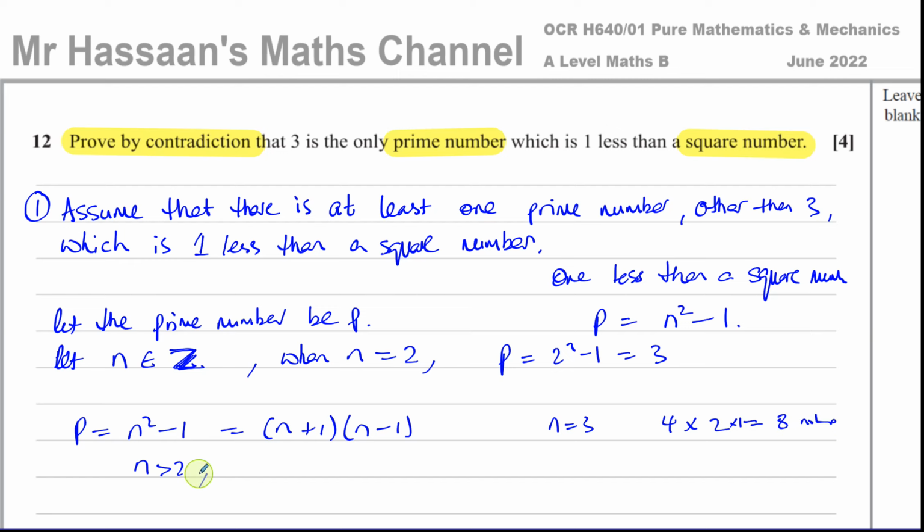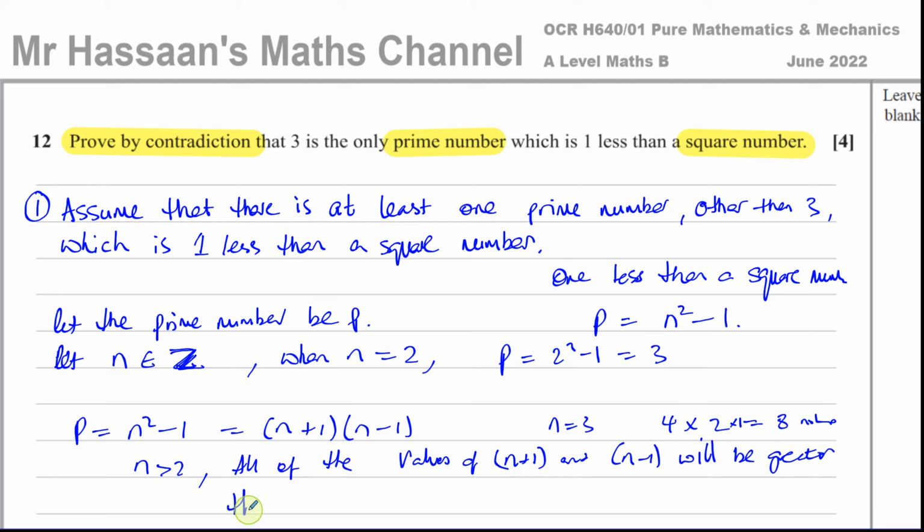And the same will be true for everything, because when n is greater than 2, all of the values of n plus 1 and n minus 1 will be greater than 1, and the factors will include 1.